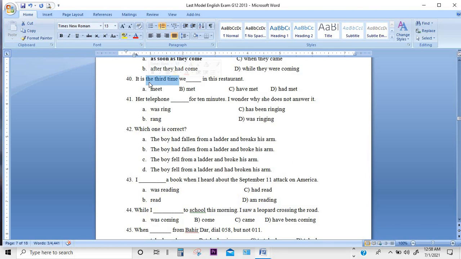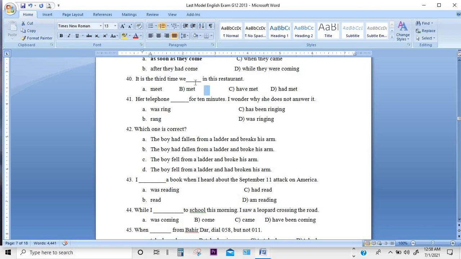It is the third time we dash in this restaurant. So the speaker and the other person have made in the same place for a third time. So it is past plus present.